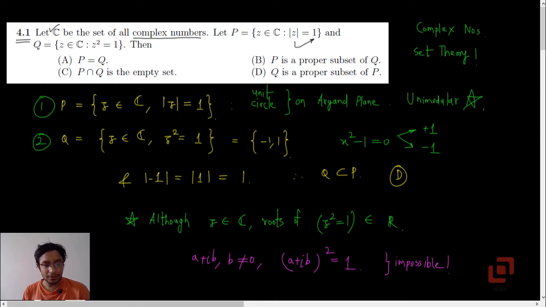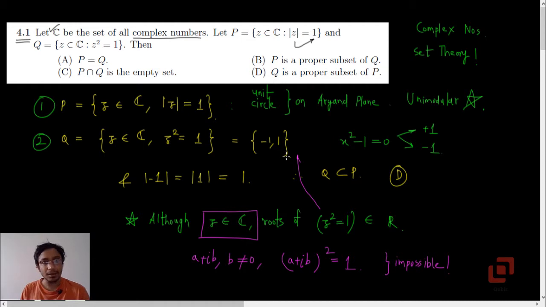So although they are saying that Z belongs to the set of complex numbers, the roots of the equation Z squared equal to 1 are still negative 1 and positive 1, which are real numbers, or now we should call them purely real numbers, because their imaginary part is 0.